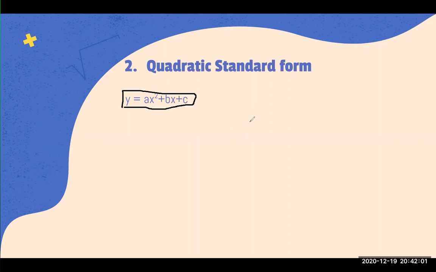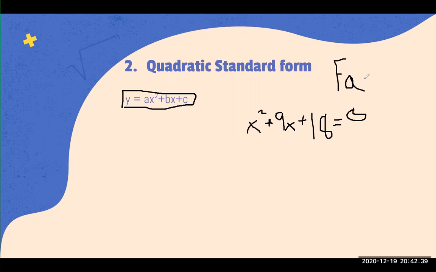Let's say that we have x squared plus 9x plus 18, and this is all equal to 0. So yeah, we can solve this equation by using something called factoring.